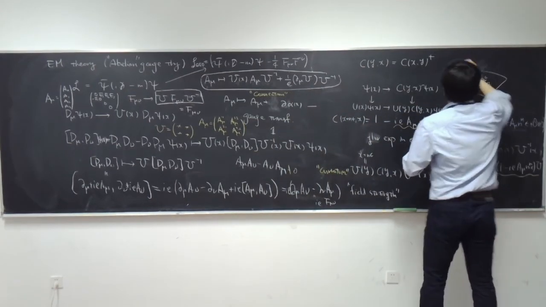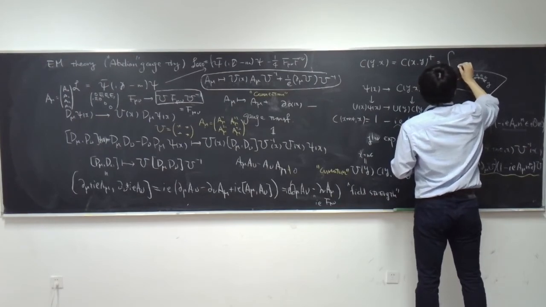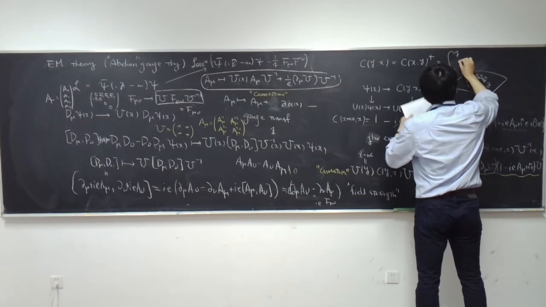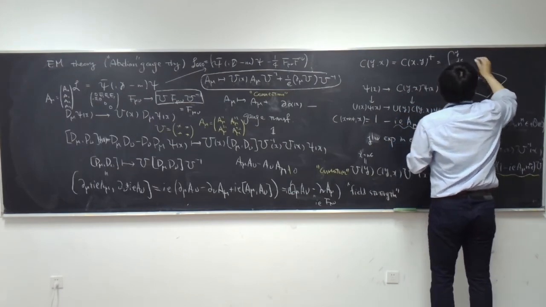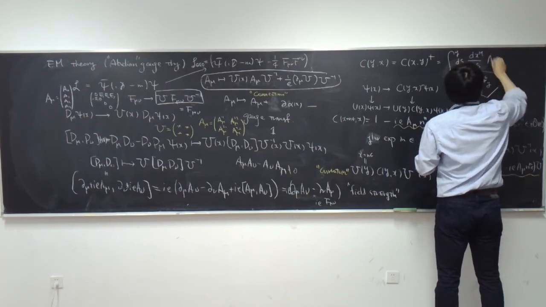So in general, C of y x is just the path from x to y, ds dx mu over ds.